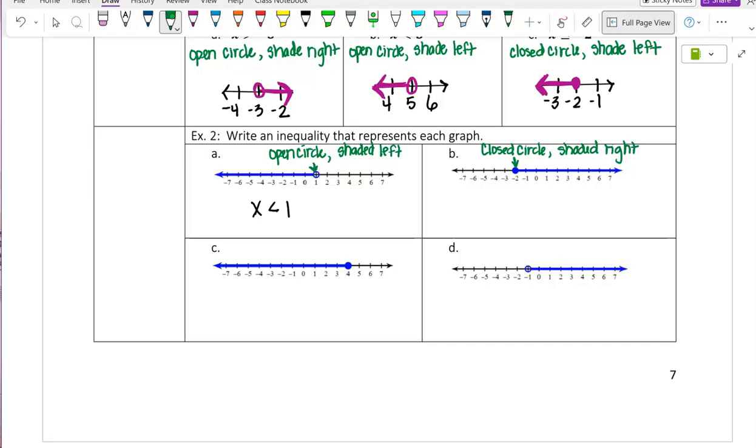Which of those two points to the right? Greater than or equal to. So this would be x is greater than or equal to -2.